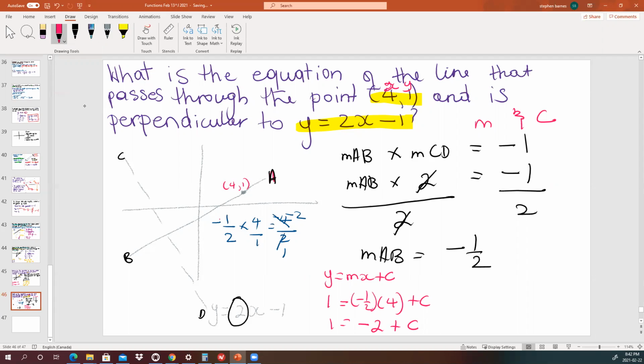So then I'm going to carry this negative 2 over the equal sign to solve for c, which is 1 plus 2 equals c, 3 equals c. So the equation of this line, because I now have c and I have m, is going to be y equals, m was found to be negative a half, x plus 3, which is c.